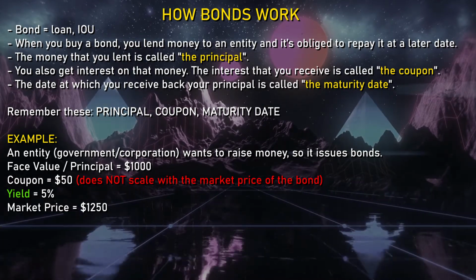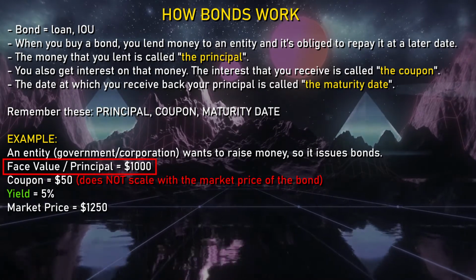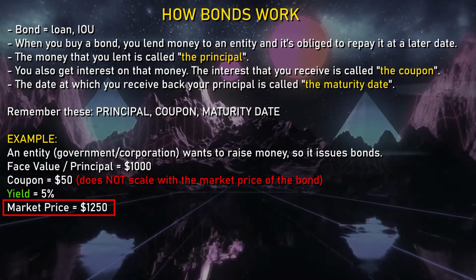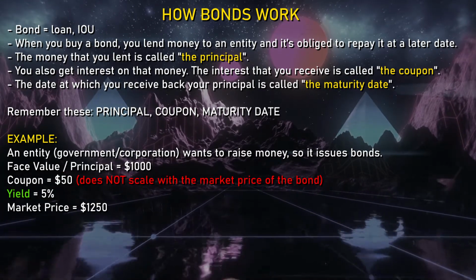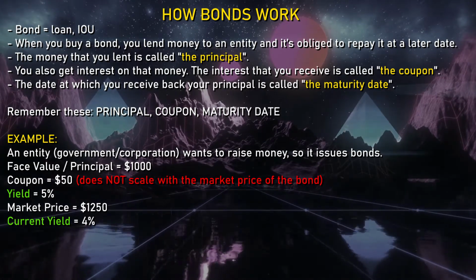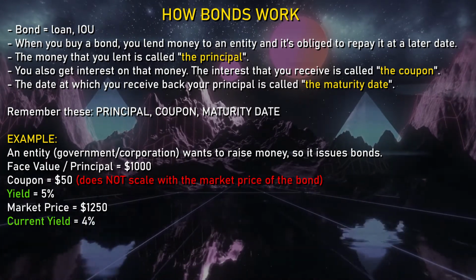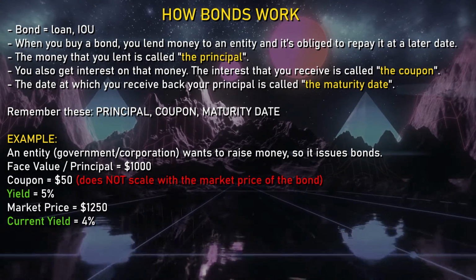Now, if we get back to our example, you just bought a bond with the face value of $1,000 for the price of $1,250 and a coupon of $50. If you were to do some simple math, you'd notice that the yield is now 4% instead of 5%. This is known as the current yield, and it's the yield that should matter more to you.